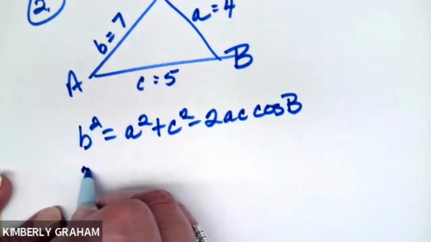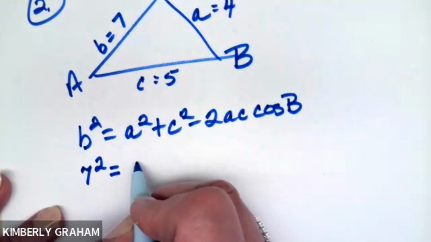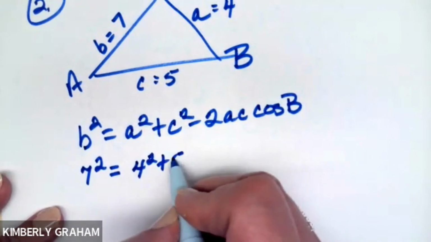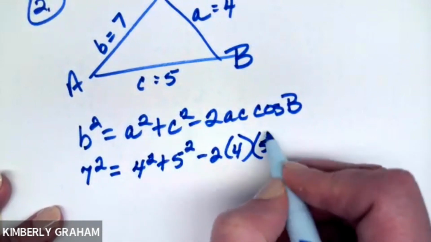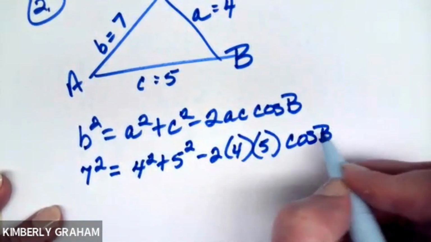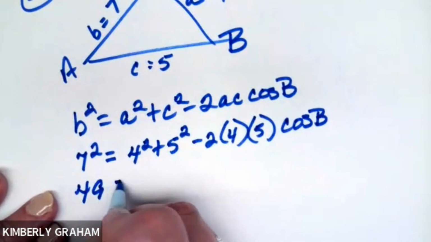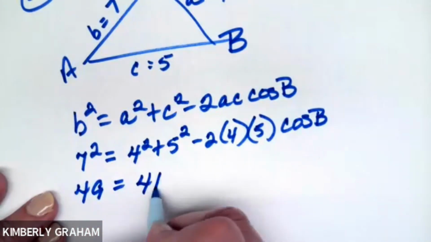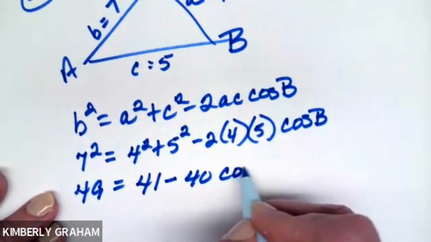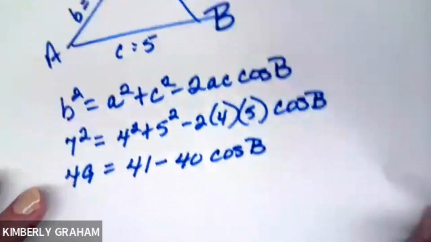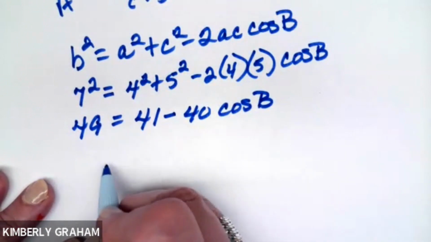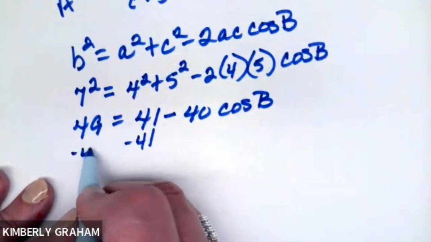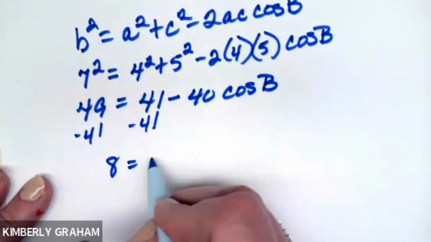I have 7 squared equals 4 squared plus 5 squared minus 2 times 4 times 5 times cosine of B. So this is 49 equals 41 minus 40 cosine B. Subtract 41, so 8.